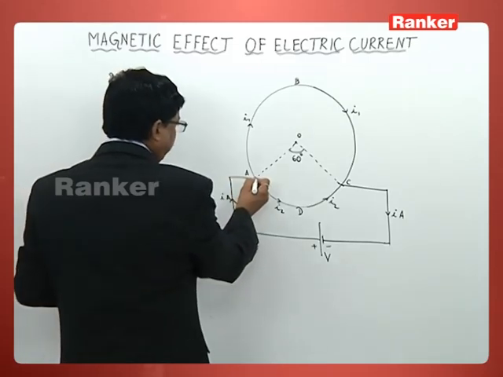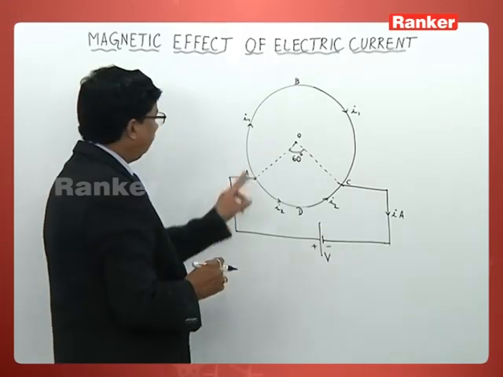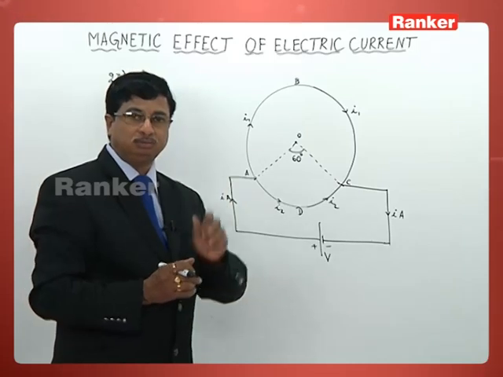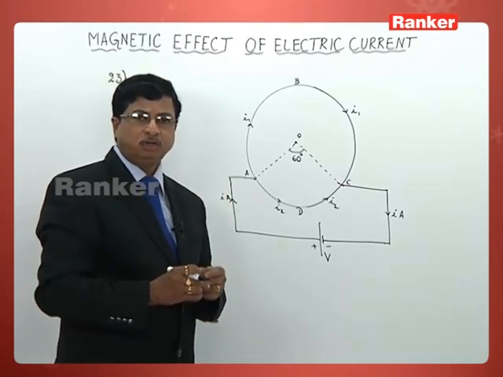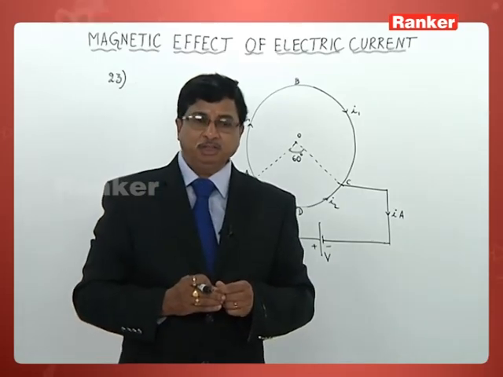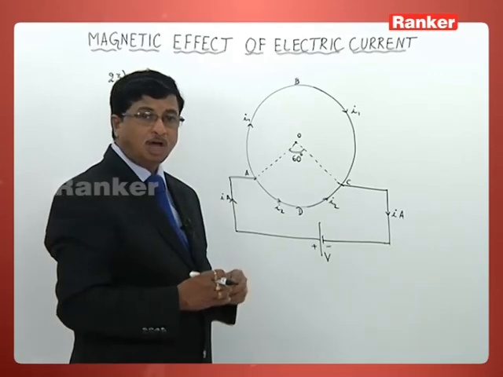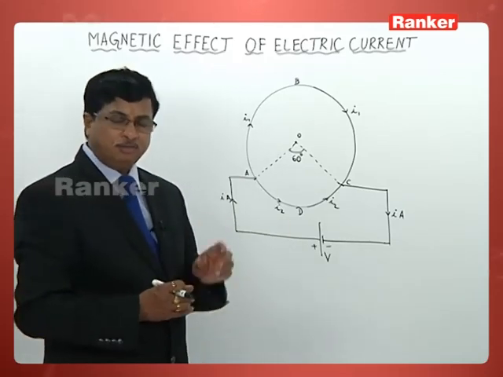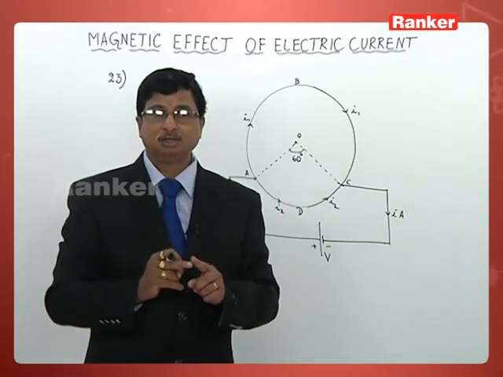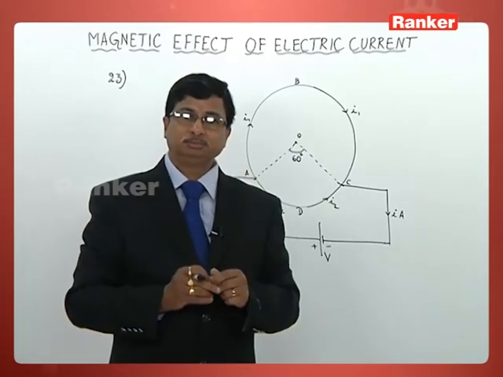After reaching here, current is divided into two parts, no doubt. But these two values of currents are not going to be equal. Reason can be better understood straight away this way. If both the lengths of these parts are equal, then surely their resistances will be equal, and currents passing through them also are going to be equal.